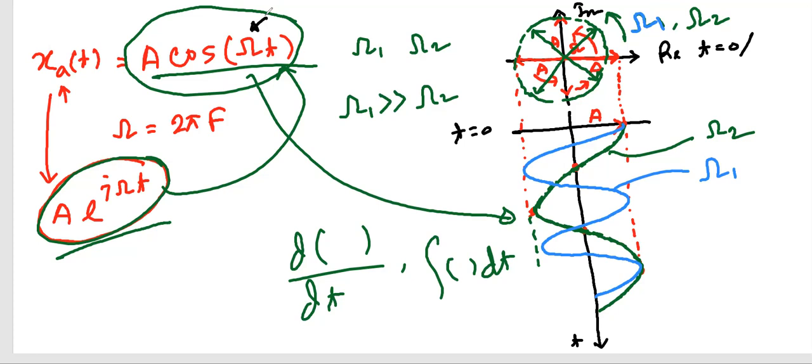It is mostly easy to understand the signal when it is in the time domain, where we represent it like a cos omega t, a sine omega t. But whenever we move forward from the time domain to the frequency domain, back and forth, it is very convenient if we can represent it in the exponential term.